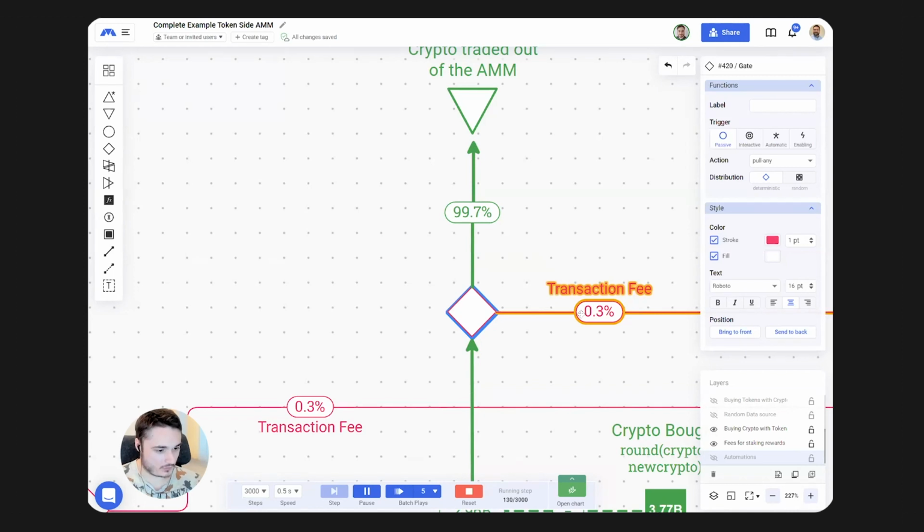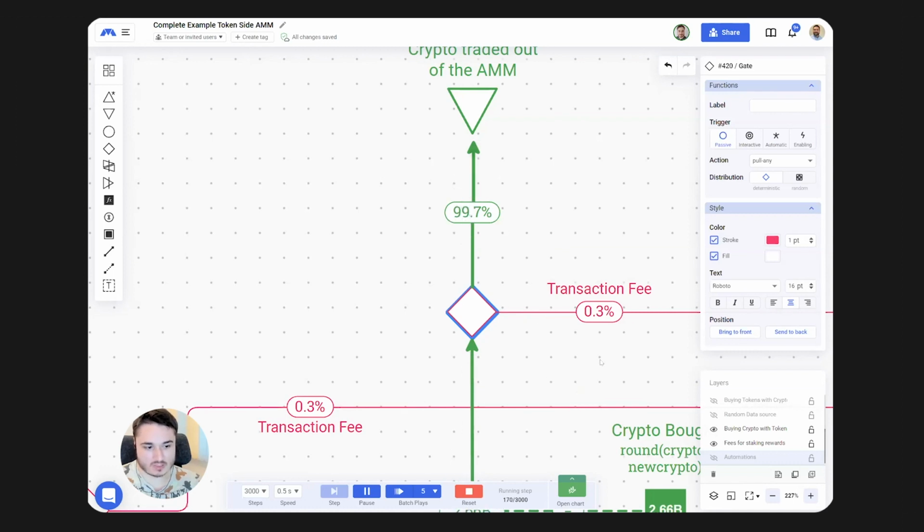Yeah, sure. So deterministic gates have the property of always trying to balance out the resources that they send out to try and adjust to the ratios of the outputs, right? In this case, we have two outputs, 99.7 and 0.3%.